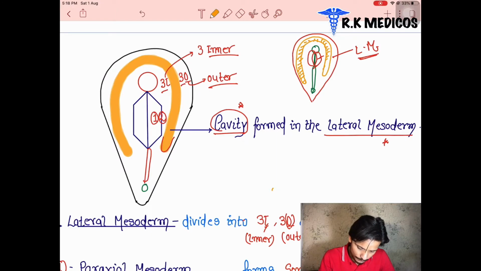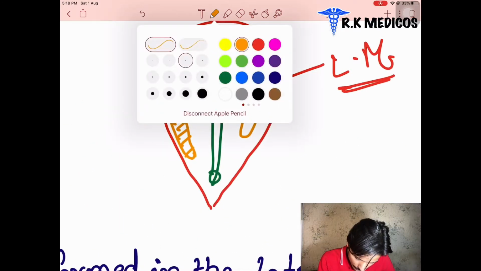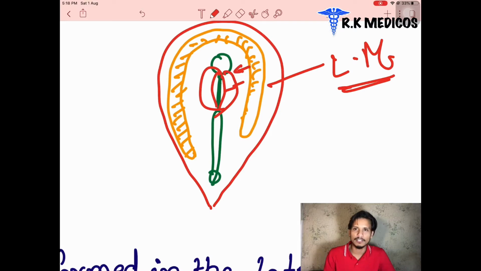We can see here one structure inside it and one structure outside it. Suppose these are 3I, inner, and 3O, outer, and both are parts of the lateral mesoderm.